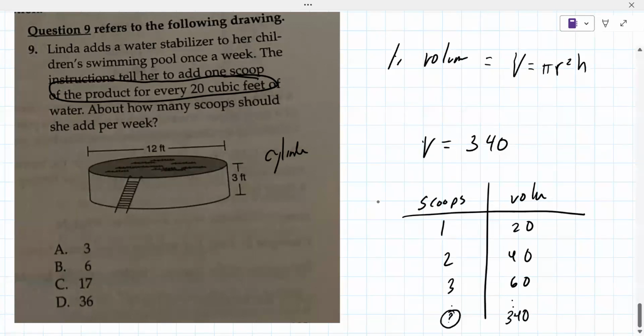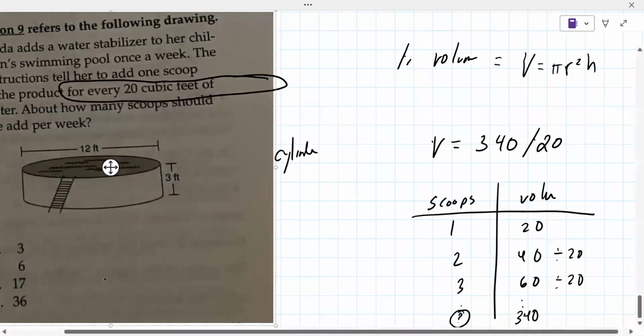Notice that you divide by 20 in each of these cases. So what is 340 divided by 20? 17. Okay, so the answer is C. You got it. Good.